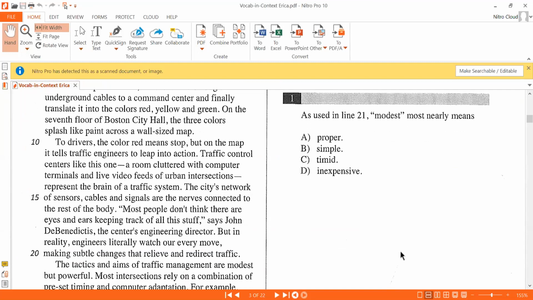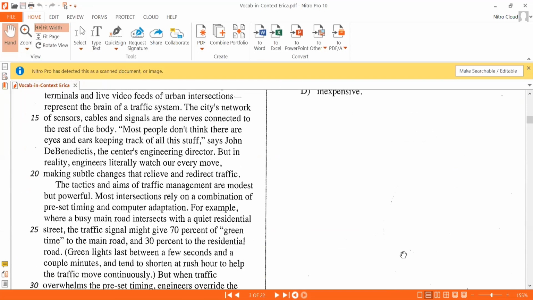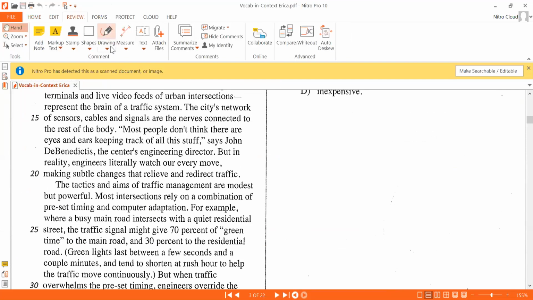Perfect. So as used in line 21, modest more clearly means, if you go to line 21, this is line 21, and we want to know the meaning of the word modest here. So I'm going to highlight the sentence itself. The tactics and aims of traffic management are modest but powerful.